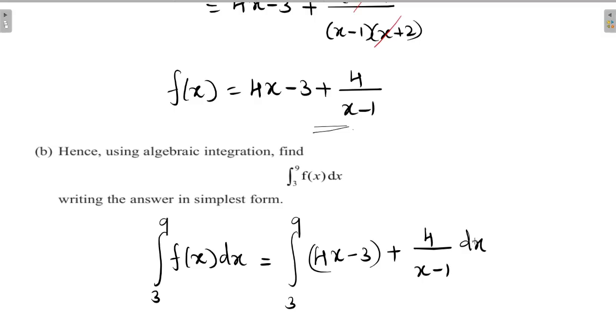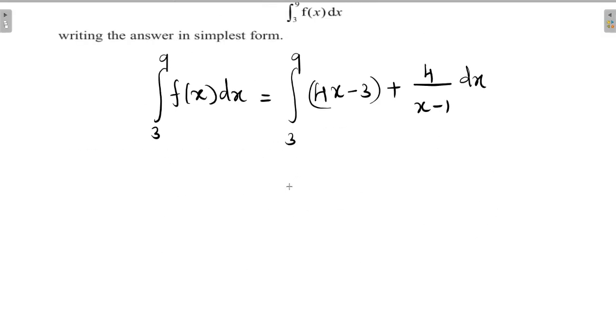Let's integrate. When we are integrating 4x, it is 4 times x square by 2, minus 3x, plus 4 is a constant. Integration of 1 by x is log x or ln x.